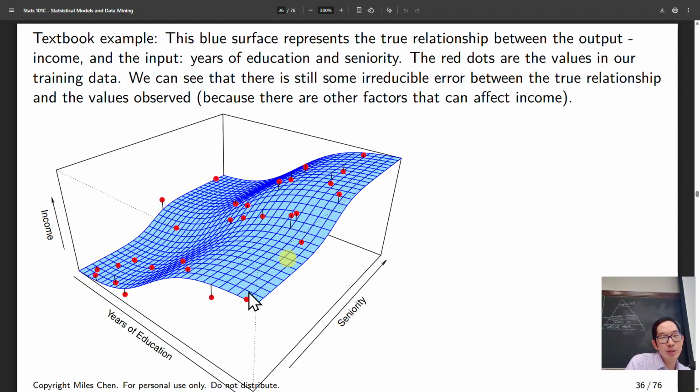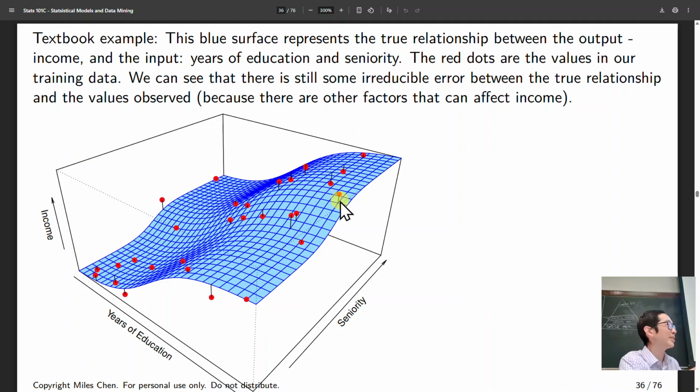And so perhaps the true relationship between years of education and seniority is this blue surface, okay? And we have some residuals because some of the dots are right on the surface, but some are below the surface and some are above the surface. And what that kind of represents is that you might have two people, right, with the same years of education, they've been working at the company for the same amount of time, but maybe their income level is different, okay?